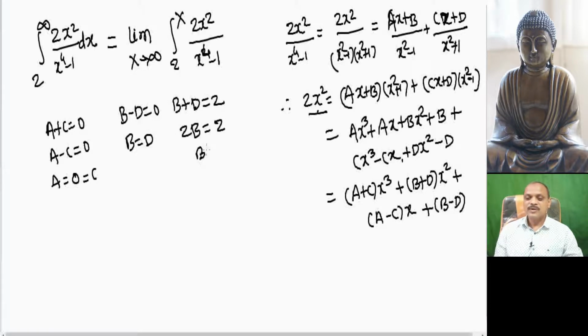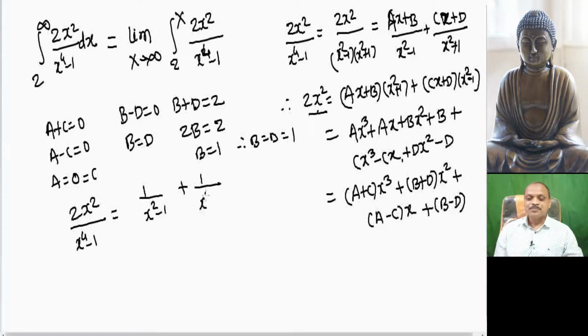Therefore b equal to d equal to 1, and this term 2x square divided by x raised to 4 minus 1 becomes 1 divided by x square minus 1 plus 1 divided by x square plus 1. Now again we can write x square minus 1 as x minus 1 into x plus 1, so 1 divided by x minus 1 into x plus 1 plus 1 divided by x square plus 1.